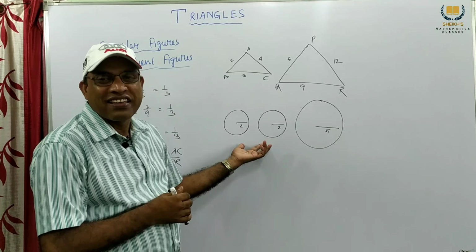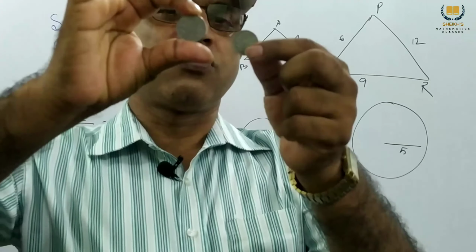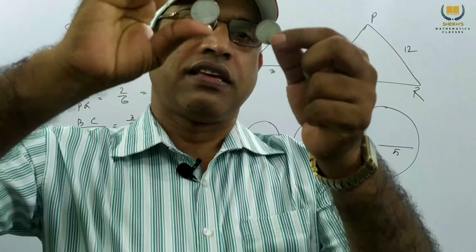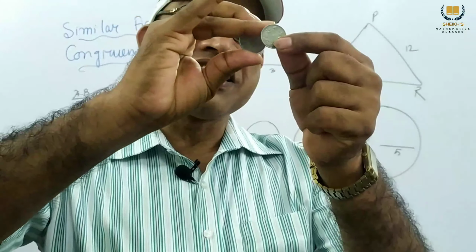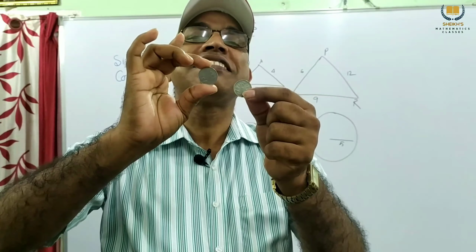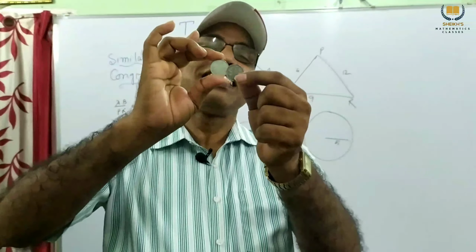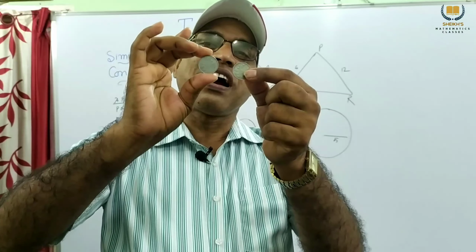Now we consider one simple example. Just you have to see, in case of two coins, suppose this is a 1 rupee coin and this is a 1 rupee coin and this is a 2 rupees coin. This is small, this is greater, these two are called similar. These are not congruent.